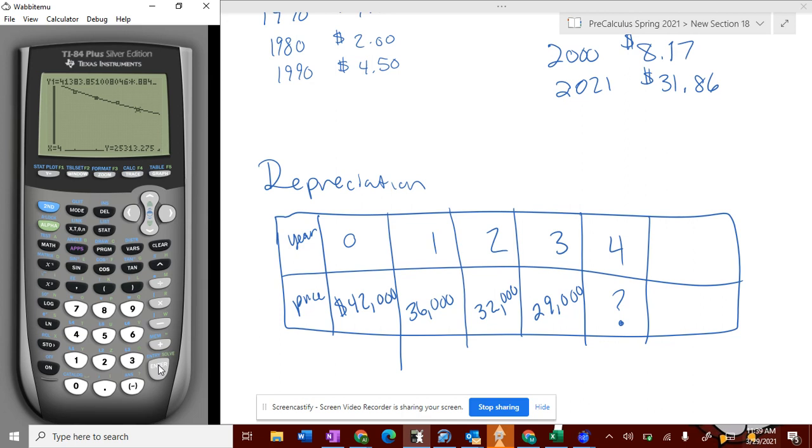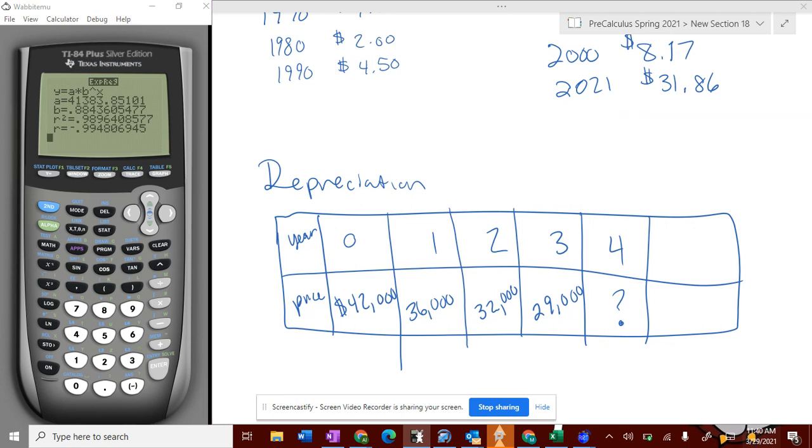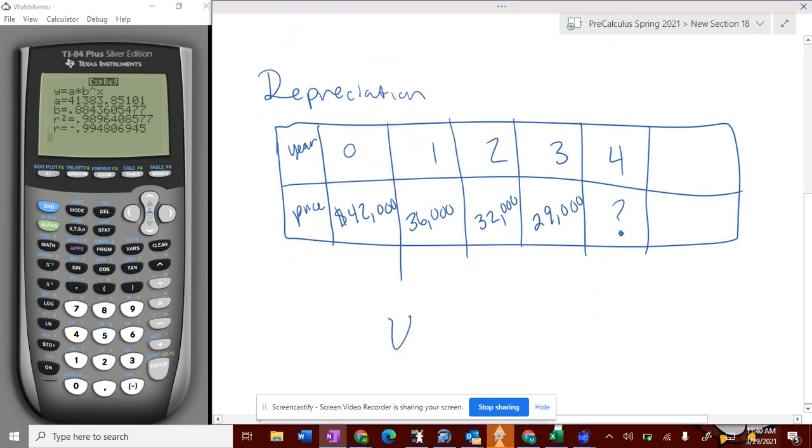Okay. Let's go to my equation once. Stat calc 0, enter. My equation would have been y equals 41,383.85 times 0.8844 to the x power.